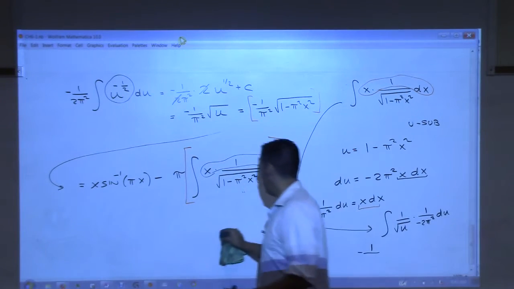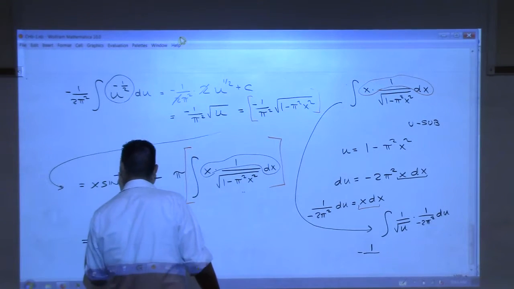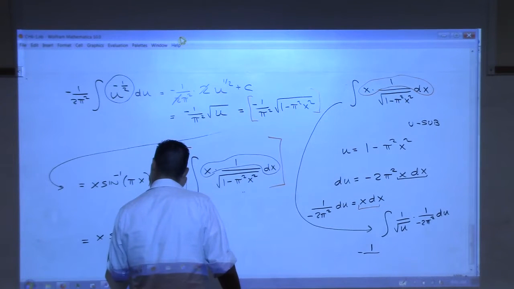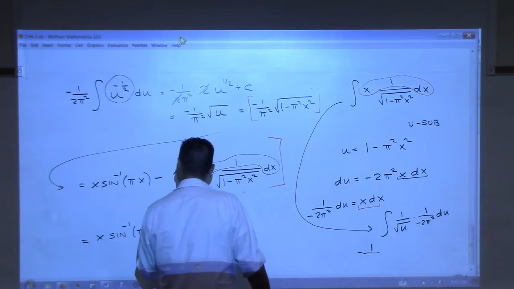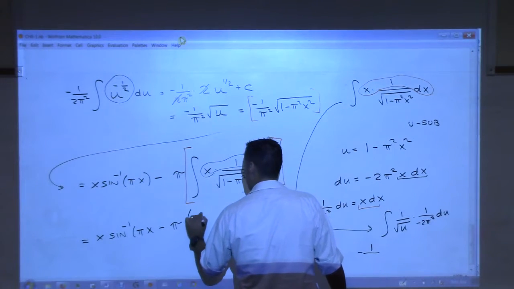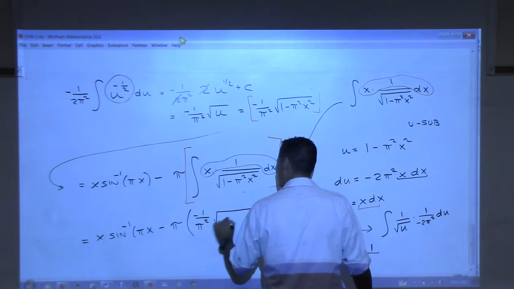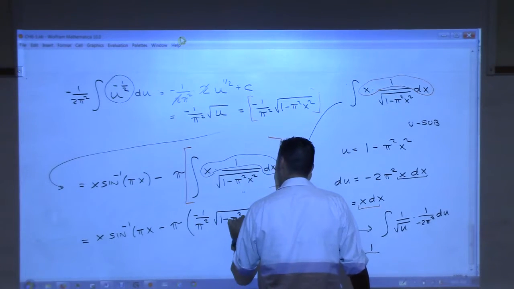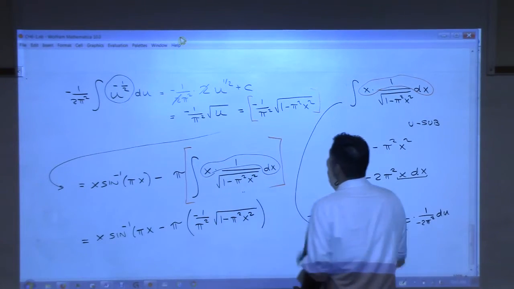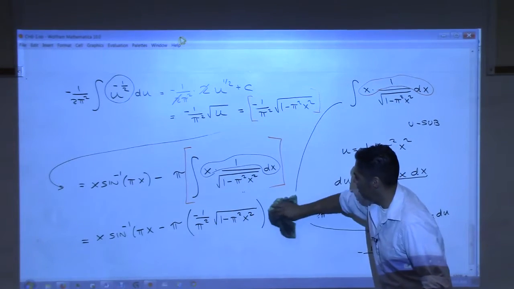The antiderivative of arcsine of pi x is x arcsine of pi x minus pi, and then times negative 1 over pi squared square root of 1 minus pi squared x squared, right? That's this thing getting plugged in right there. And then plus c at the end, all right?